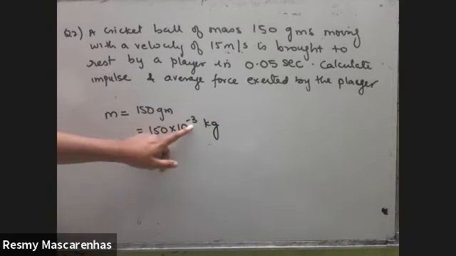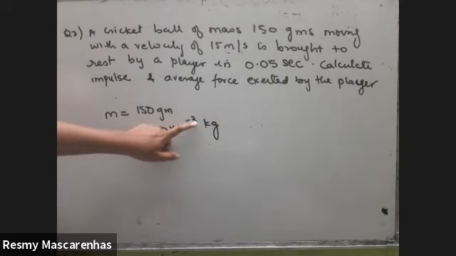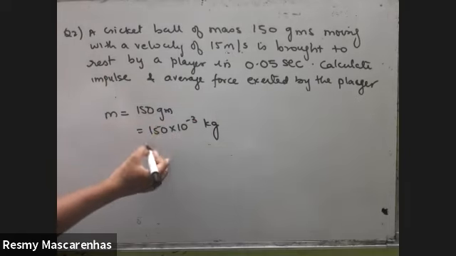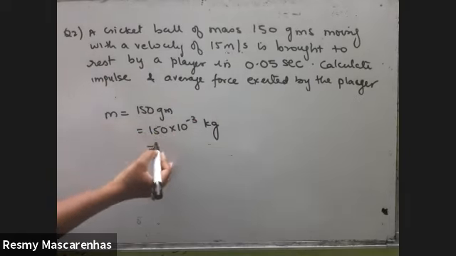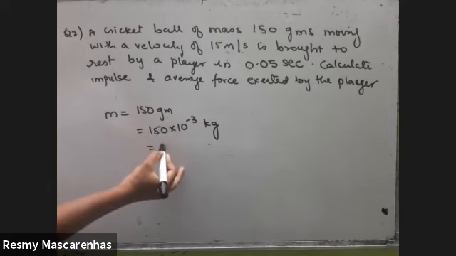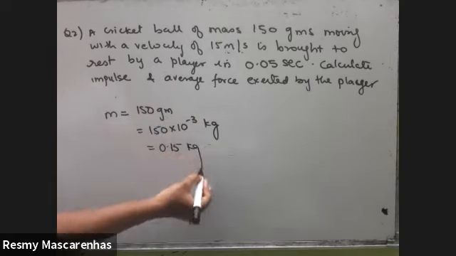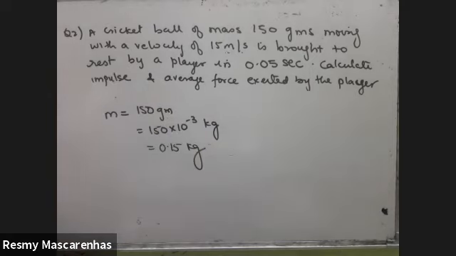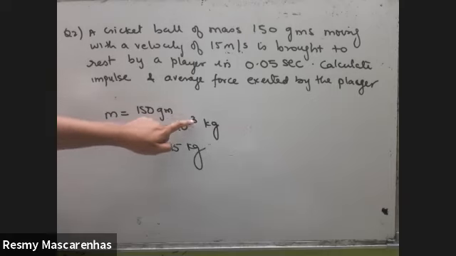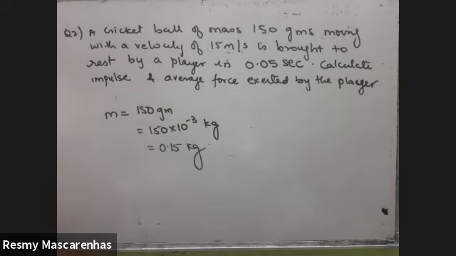Minus 3 means you are dividing by 1000, so we have to make it smaller. Minus 3 means 3 decimal places this side. So 1, 2, 3. That will become 0.15 kg. When you divide by 1000, you move 3 decimal places to the left hand side. You get 0.15 kg.